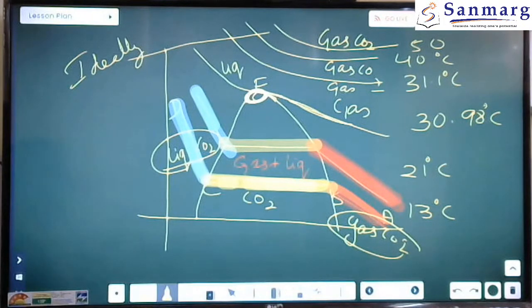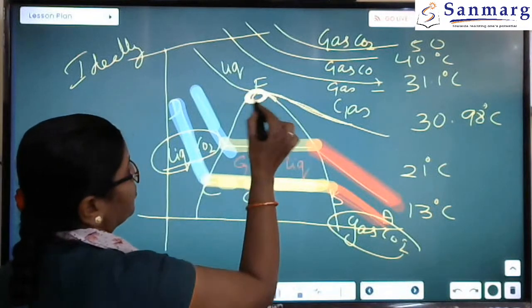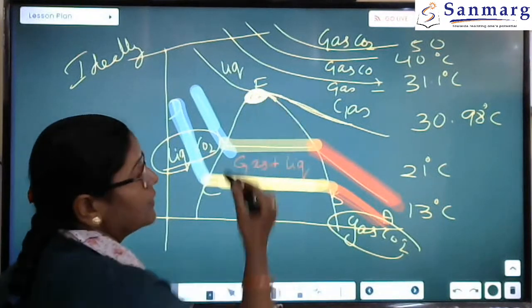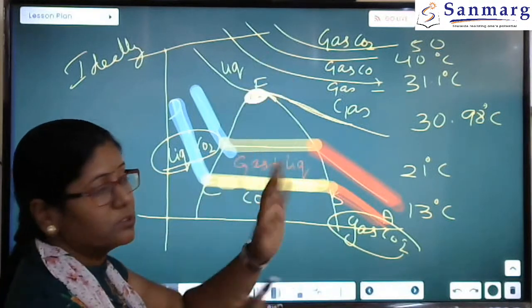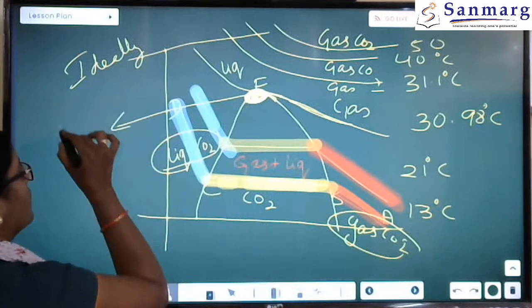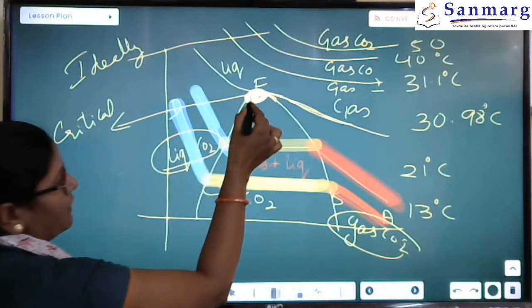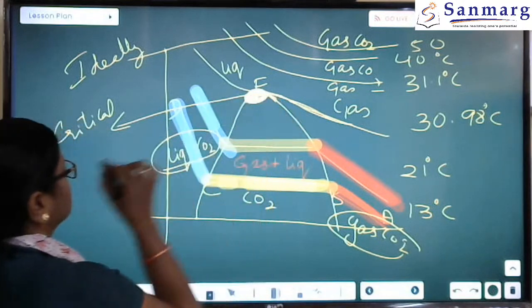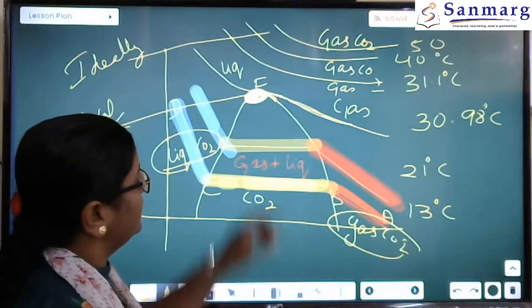This point, where you can see conversion of gas into liquid and after that you don't see any conversion, is called the critical point, the inflection.